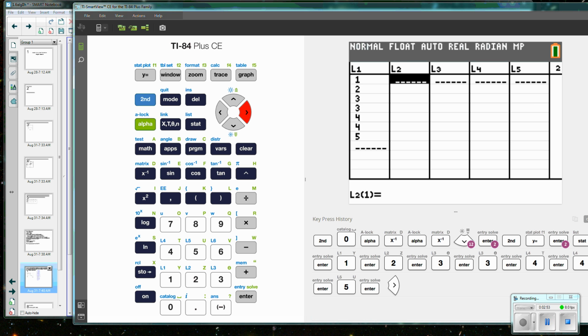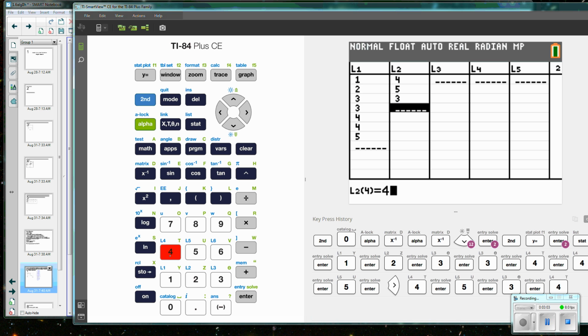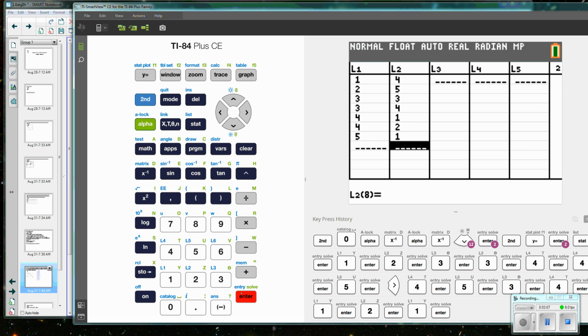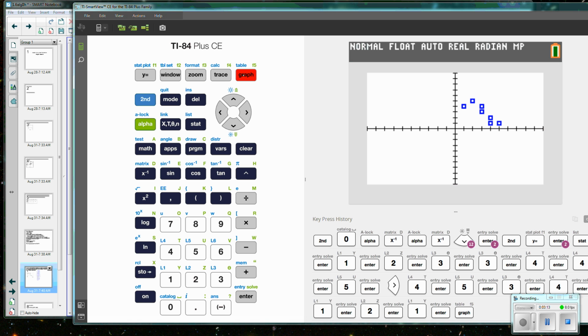And then make sure the points correspond to the correct X and Y values. Okay, now we've put in our data points, we can hit graph, and we notice that they have graphed onto our graphing feature.